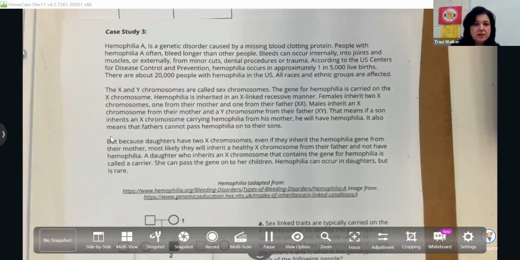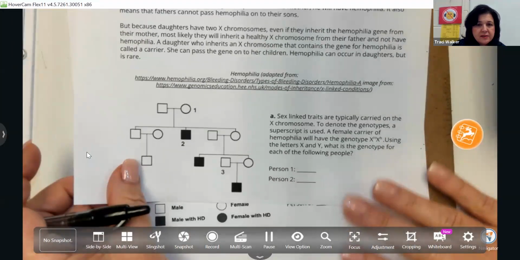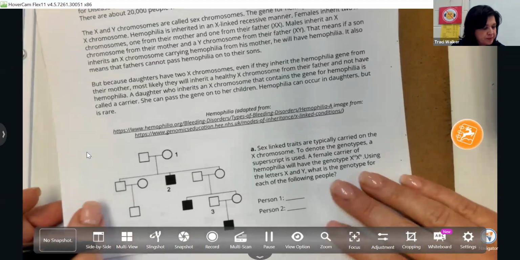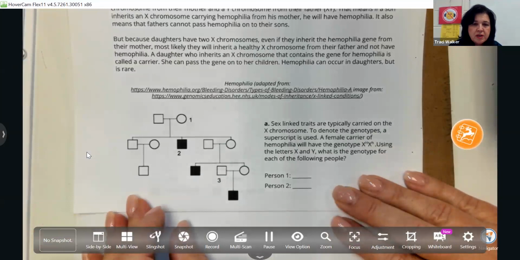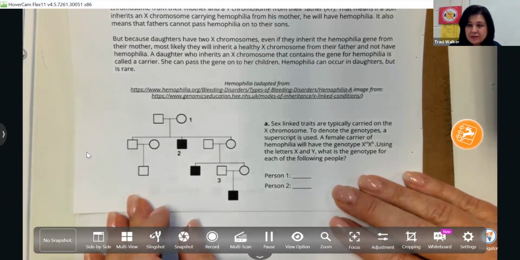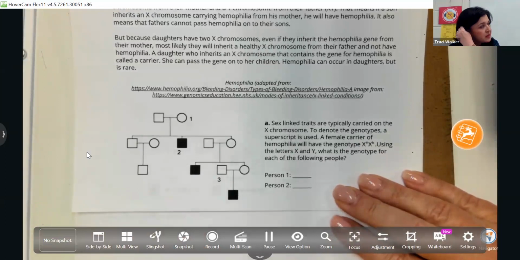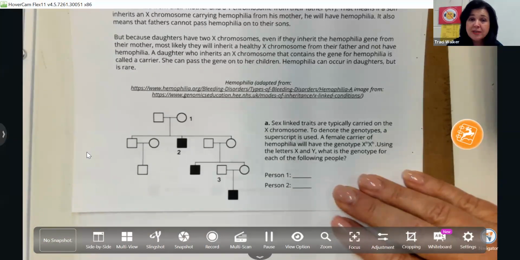All right, so let's look at this pedigree and let's label the genotypes of the different individuals. Whenever we're doing sex-linked traits, we use X's and Y's along with the letters when we do the Punnett square, which we're going to do in just a minute. But for now, we're just going to use the letters. We know that hemophilia is sex-linked recessive.